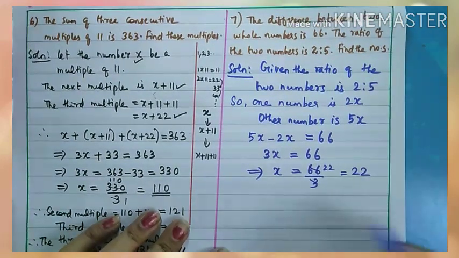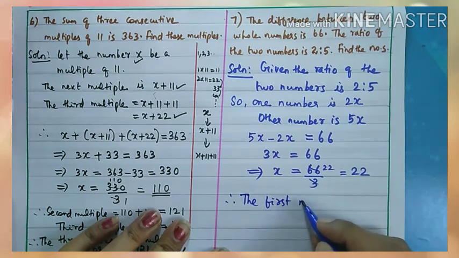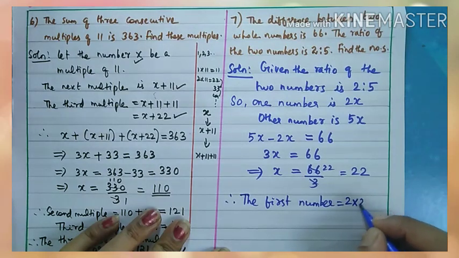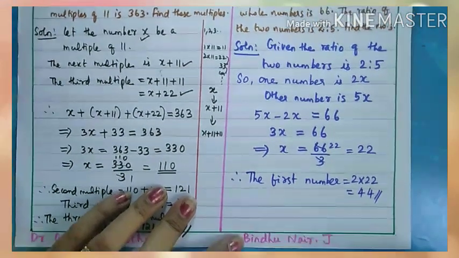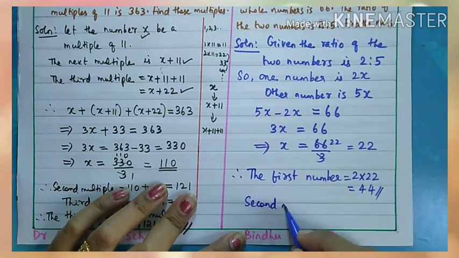Okay, so what is the answer then? Therefore, what is the first number? First number what we have taken? 2x, correct? So put the value of x, 2 into 22. What is 2 into 22? 44. So this is our first number. And what is the second number?